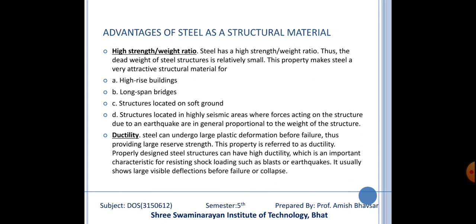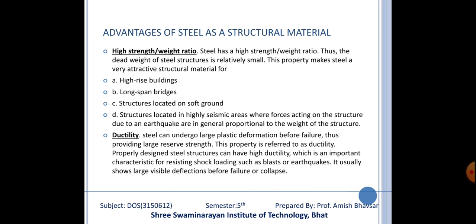Number one, high strength to weight ratio. This structural steel has a high strength per weight ratio. For this reason, the dead weight of structural steel is relatively small compared to RCC.